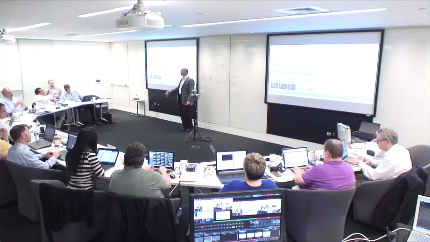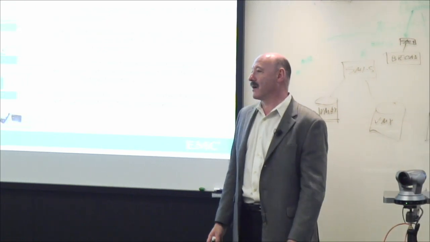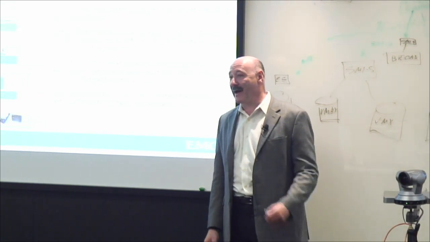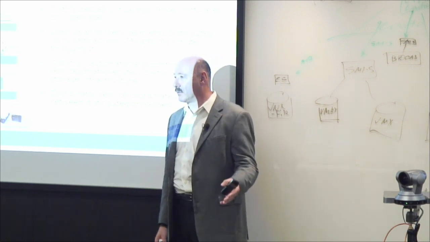Okay. Yes, sir. If you have a big array like a VMAX with thousands of disks, does it have to be all under control of the ViPR, or can it be only a portion of that? That's a good question. ViPR does not control the array. ViPR discovers the array and discovers its disks and physical pools.